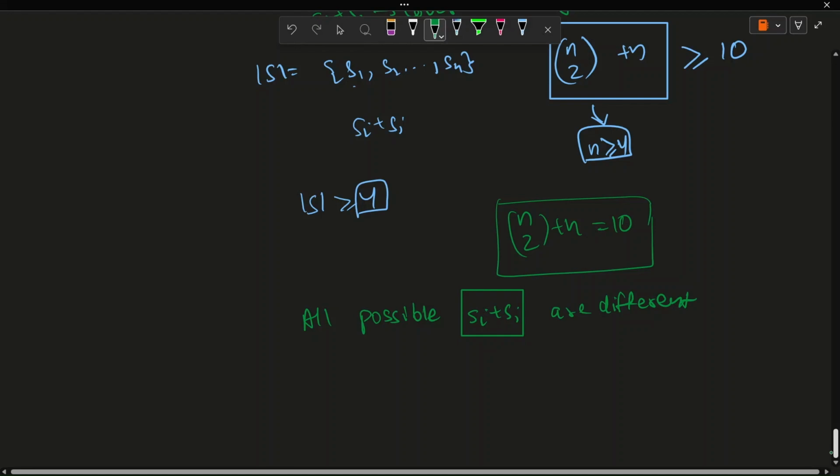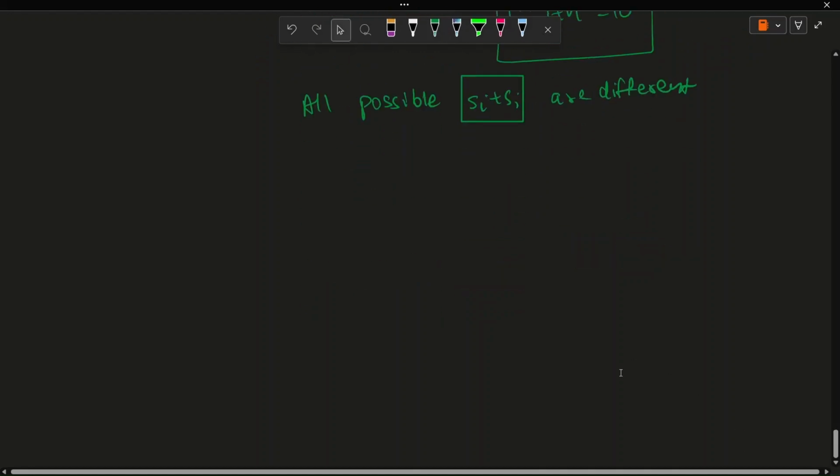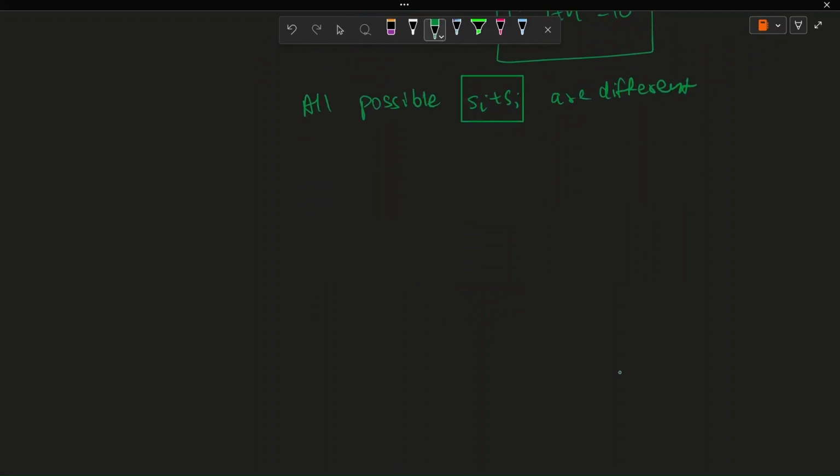So si plus sj is distinct for each and every possible i and j. Suppose this set becomes s1, s2, s3, and s4. So every possible pair gives a different remainder modulo 10.